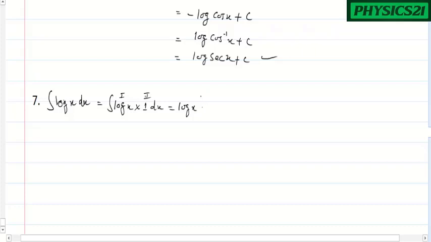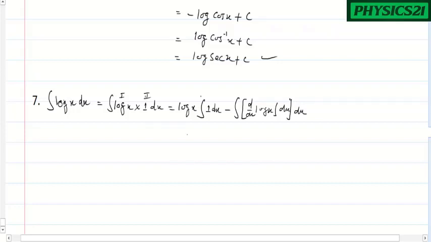First function means log x, then the integral coefficient of the second, the integral coefficient of 1 with respect to x, so it is 1 dx. It can simply be written as dx also, and minus integration of d by dx, the derivative of the first function log x, then the integral coefficient of the second, and we integrate all again with respect to x.